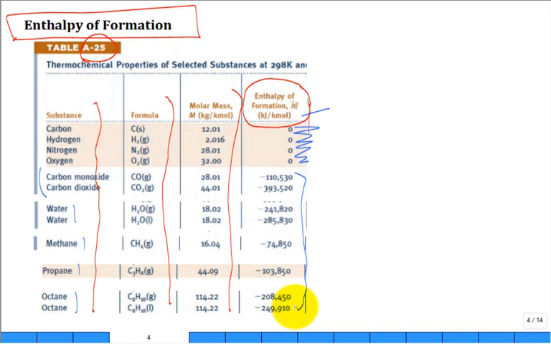Okay. The other thing to notice is there are 2 waters. What is the difference in the description of those 2 waters? Just looking at it, one is G for vapor or gaseous, and one is L for liquid.